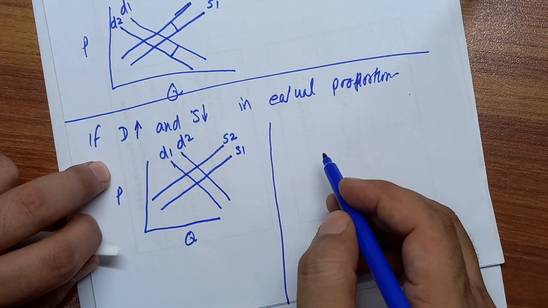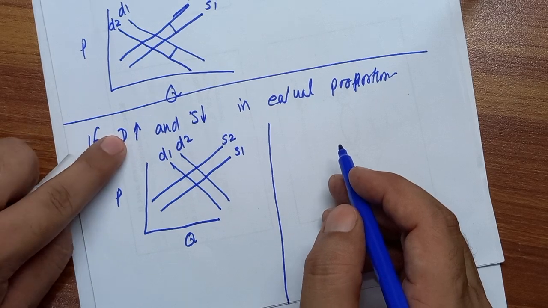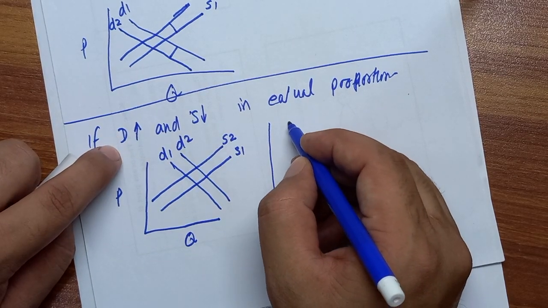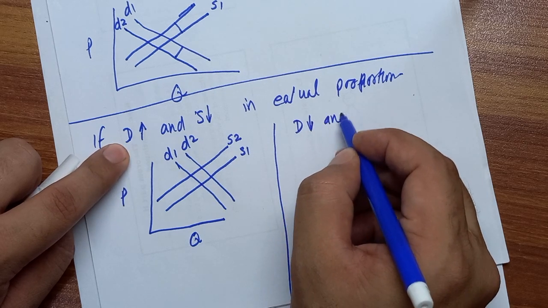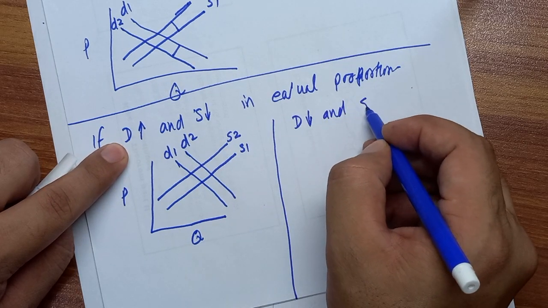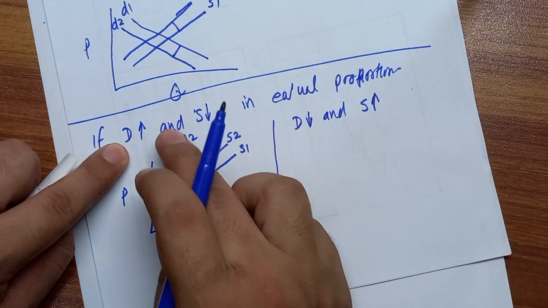Let's say another question, I am changing these things. Here D is decrease and S is increase, the opposite of this.